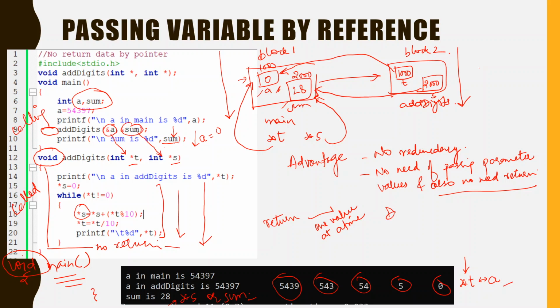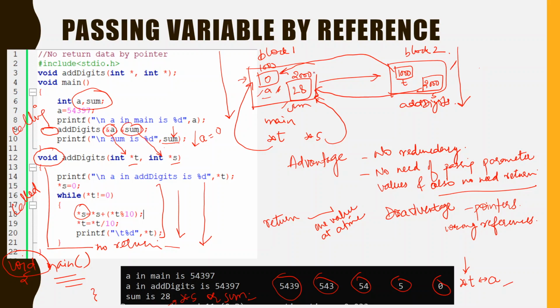The only disadvantage is the disadvantage of pointers only, that any memory address which is not desirable to access can also be accessed if wrong references are created. Suppose this a is a very secret variable which should not be accessed by this block of memory.